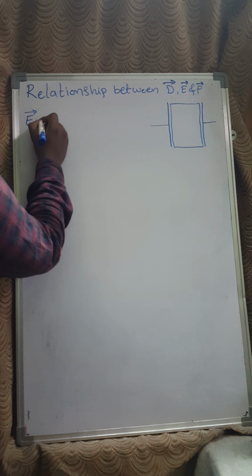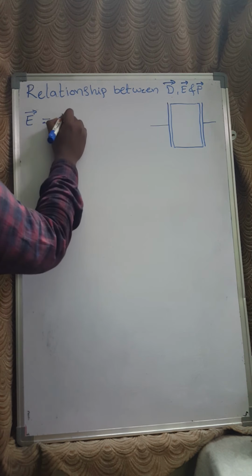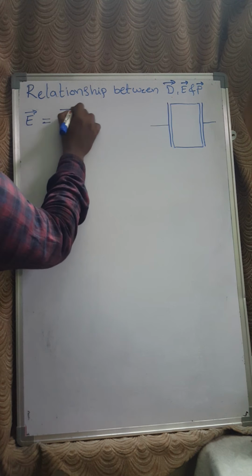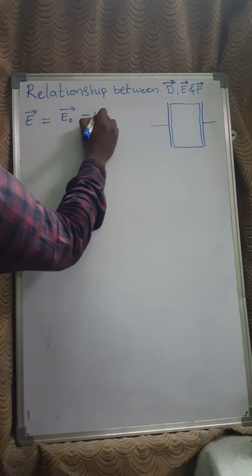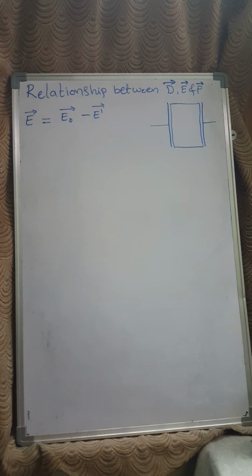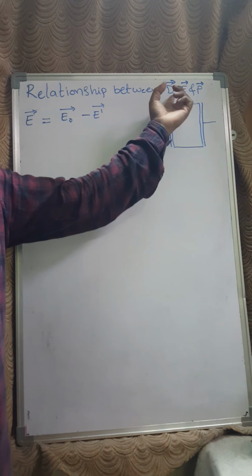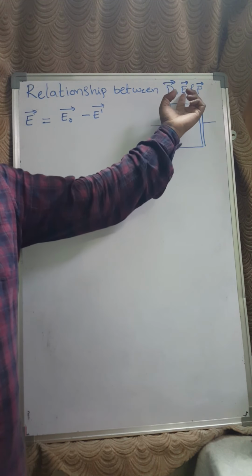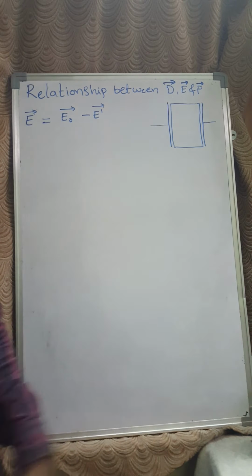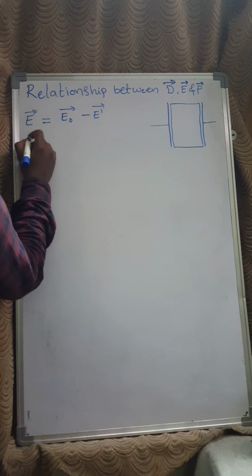If capital E is the resultant electric field, E naught is the applied electric field and E prime is the induced electric field, then you are going to get the relation between the displacement vector, electric field and polarization vector. For this, I am going to use the Gauss law for electrostatics.